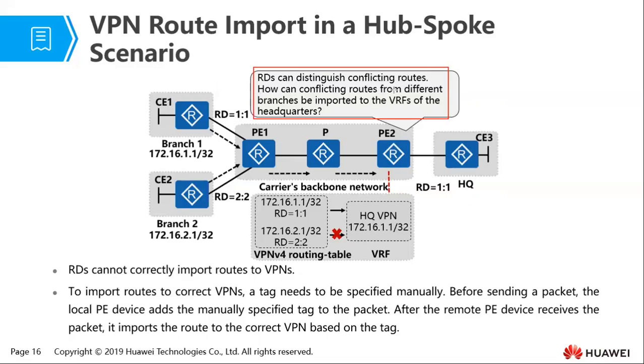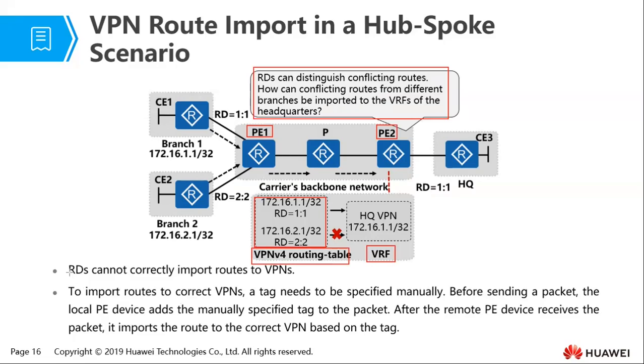But how can conflicting routes from different branches be imported to the VRF of the headquarters? So on this PE, how can we get these routes? You remember we injected these VPN v4 routes on PE1. So how can they be injected back to PE2 from the global routing table to VRF? How can we do that?